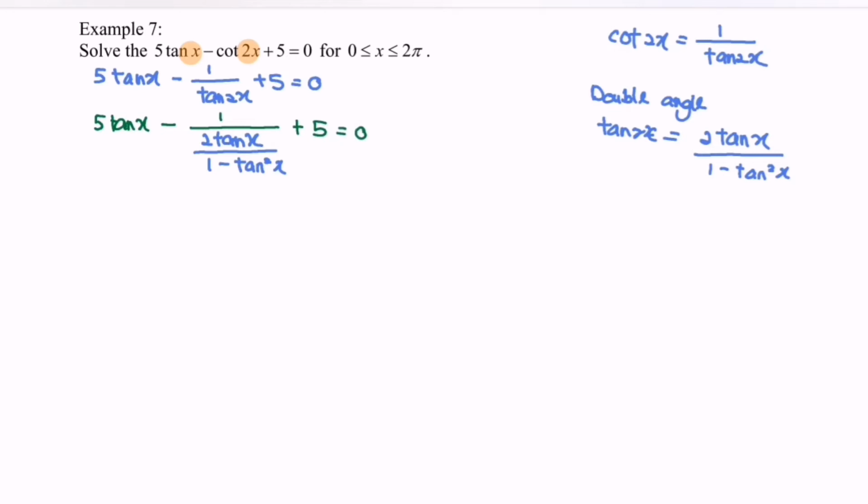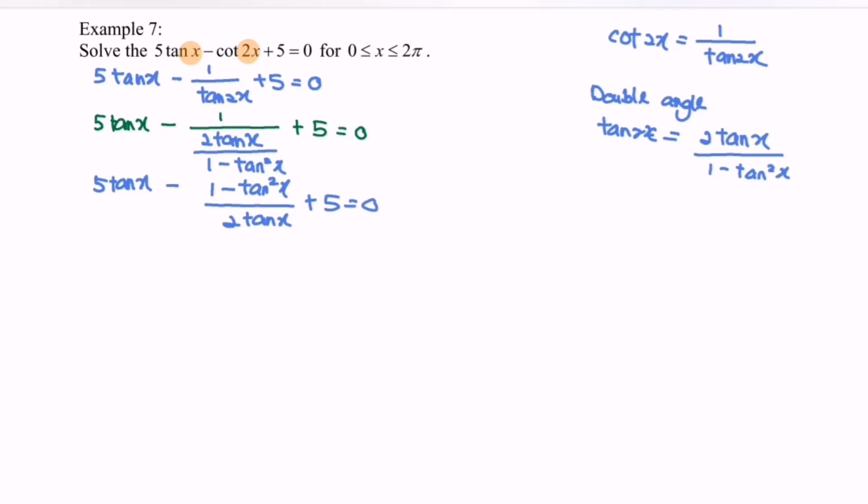Rearrange and we will have 5 tan x minus (1 minus tan squared x) over 2 tan x plus 5 equals 0.